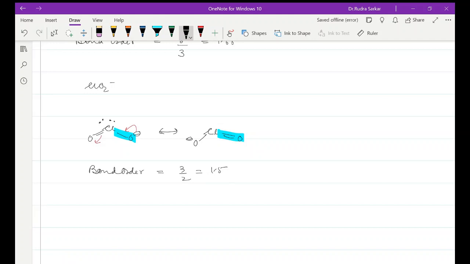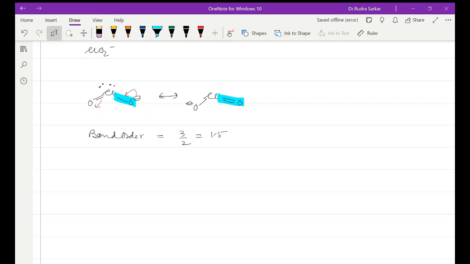Okay, a few more structures that one can try are BrO3 minus, IO3 minus, XeO6 4 minus. So these are some other molecules that you can try.